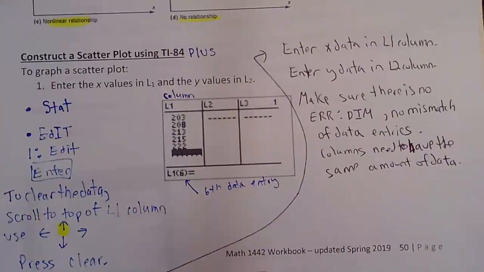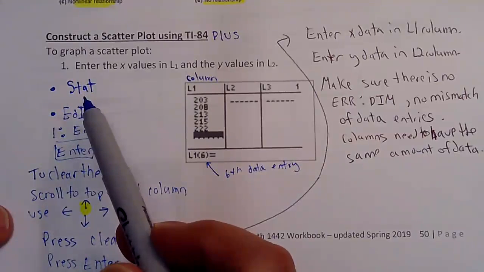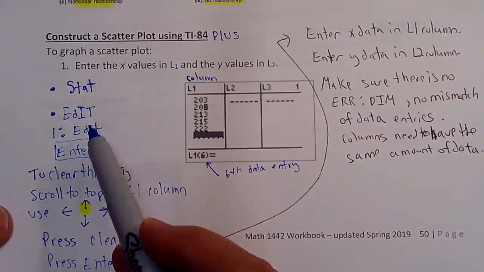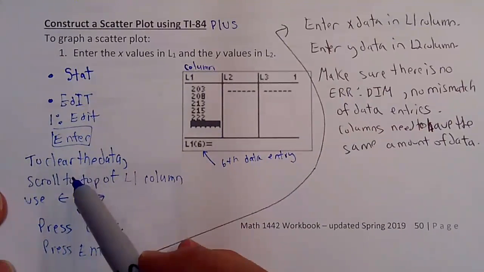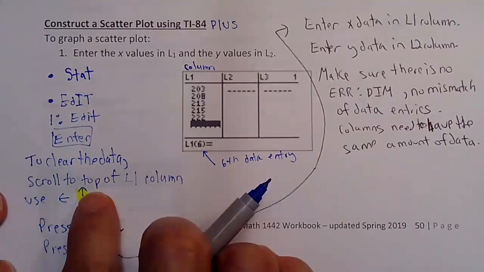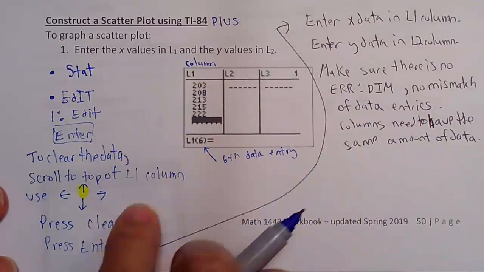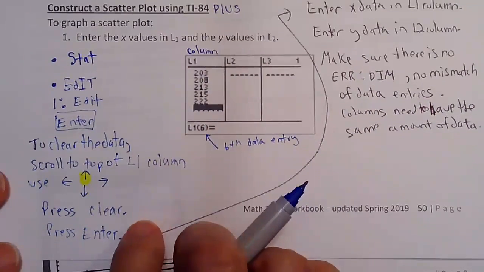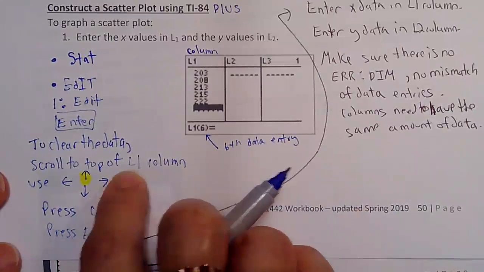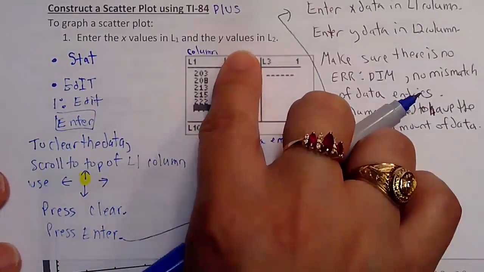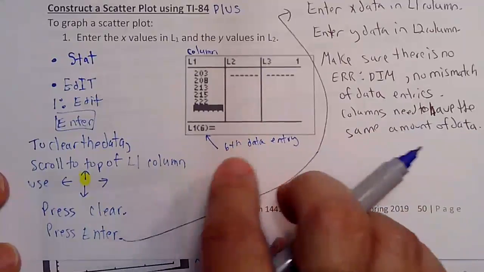So like I have here, you would start by pressing stat and then edit, right? You want this, hit enter. You want to clear your old data, so you scroll to the top and then hit clear and enter. And then you go to the next column, so you hit this button to go to the next column, go to the top and clear that, okay?